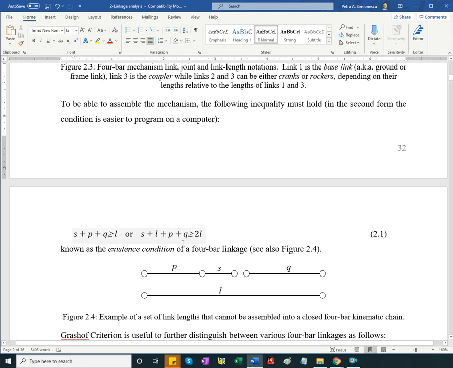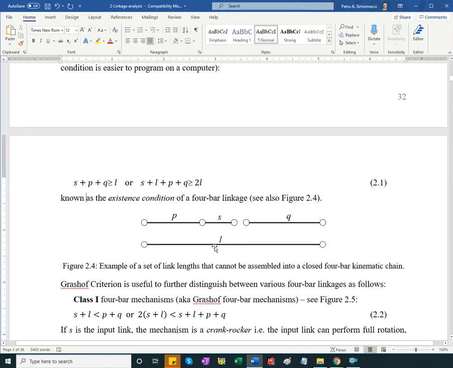Or in a form that's easier to program, say in Excel: you just take the sum of the lengths of all 4 links, and this has to be greater than, at most equal to, twice the length of the longest link.